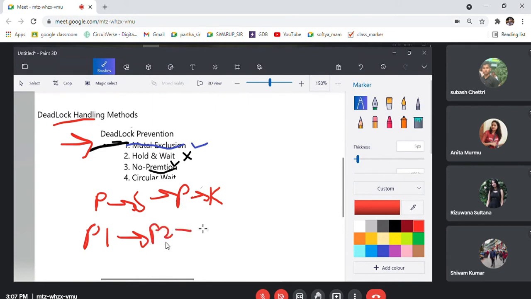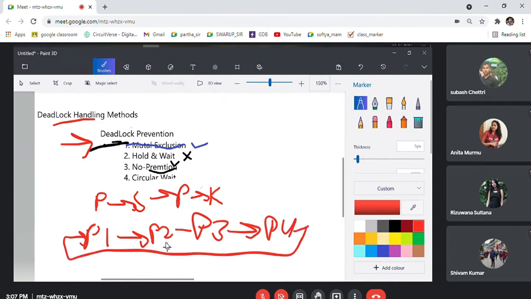P2 is waiting for P, which is with P3. P3 is waiting for K, which is with P4. Now for P4 to complete, it is waiting for the printer again. This is creating a circular wait. So we make sure circular wait is not there to prevent deadlock from happening.